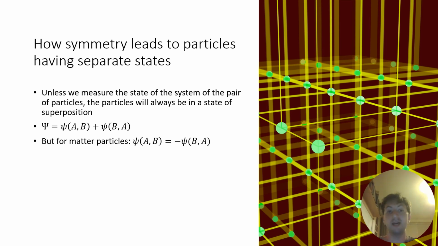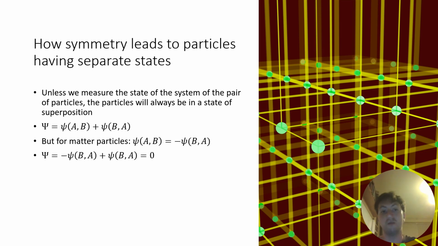But we said that for matter particles, the wave function of AB is minus the wave function of BA, so we can write our total wave function as this expression down here, because psi of AB is minus psi of BA.